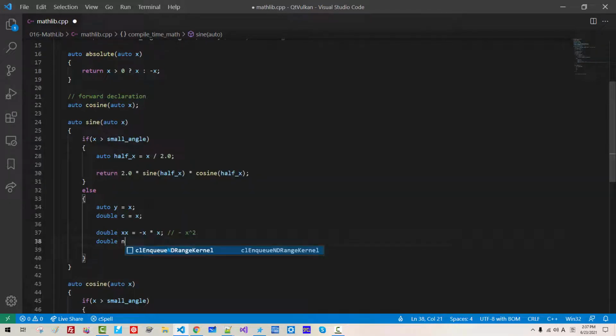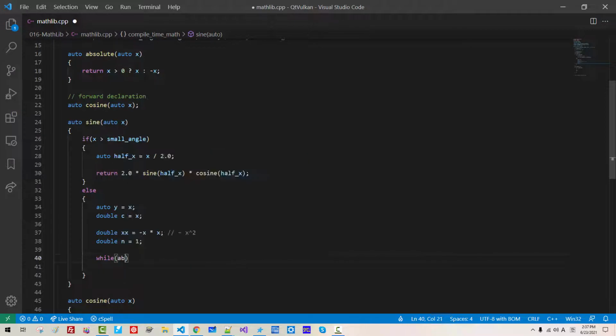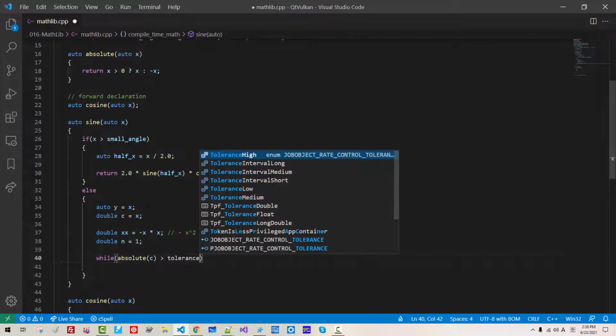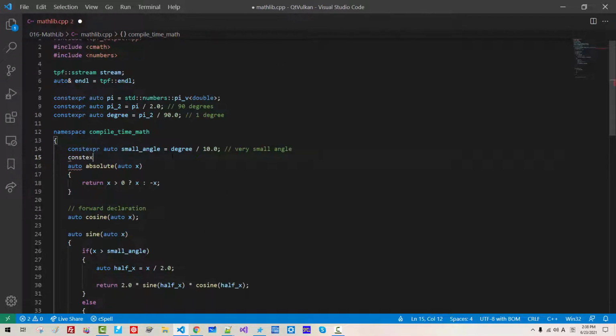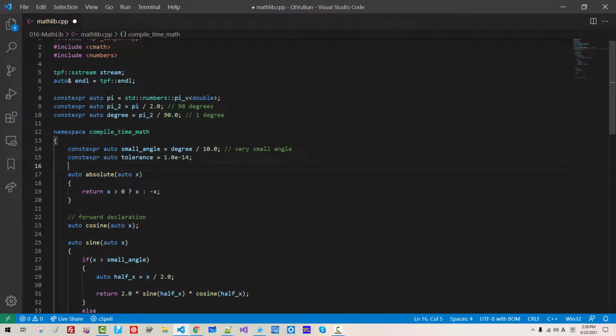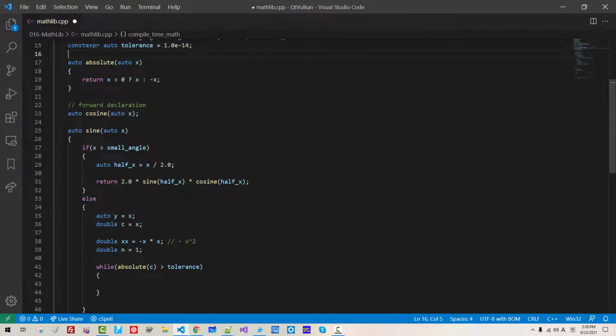Double n equals 1, while absolute c is greater than tolerance. Scroll up here, constexpr auto tolerance 1.0e-14. Now scroll down.